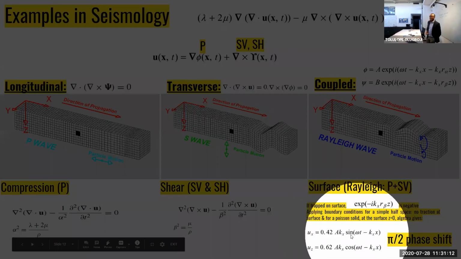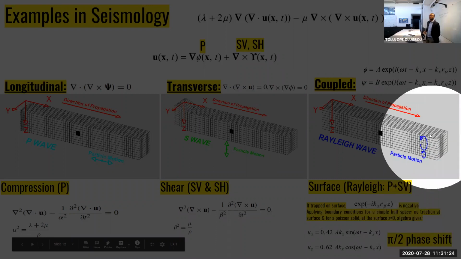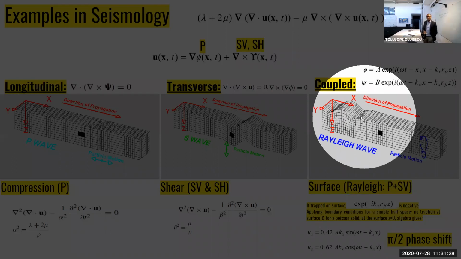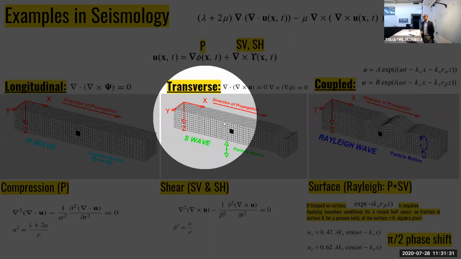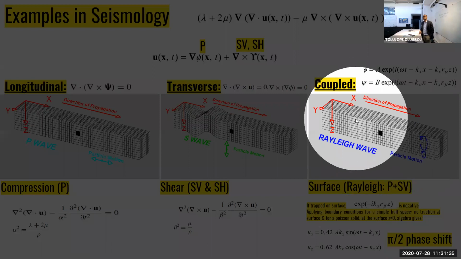Here you notice that the ux direction is a sine function, and the uz direction is a cosine function. Essentially, x and z exhibit a pi over 2 phase shift. That's what you're seeing when you see this elliptical motion described in the coupled waves. So that's longitudinal waves, transverse waves, and coupled, in this case really surface wave, PSV, coupled waves.